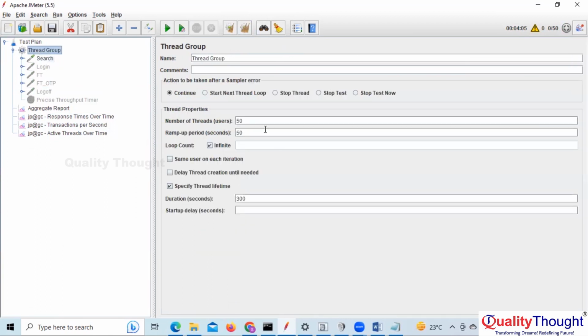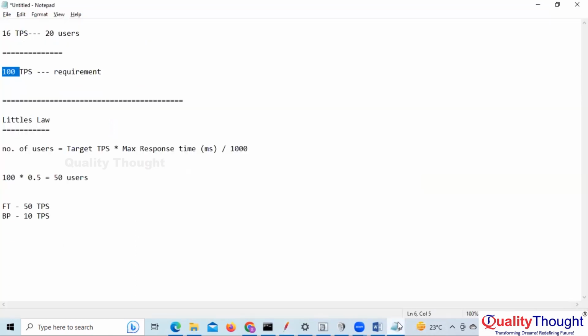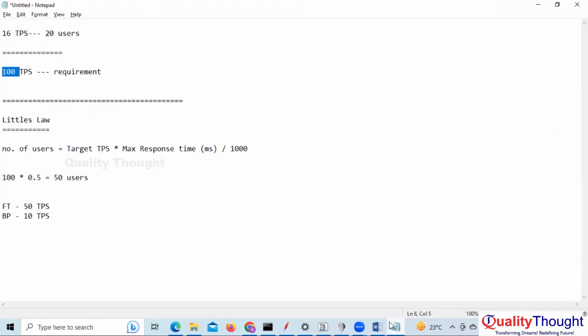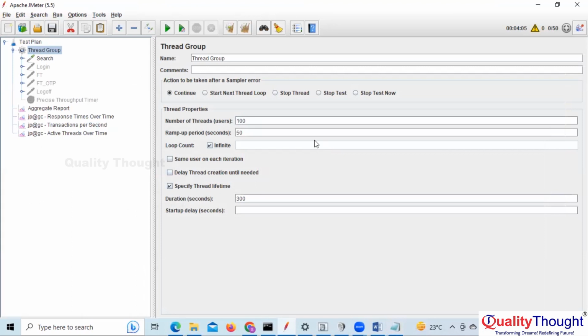What was our target in search? To achieve 200 TPS, right? And how many users we got there? 100, right? 100 users.